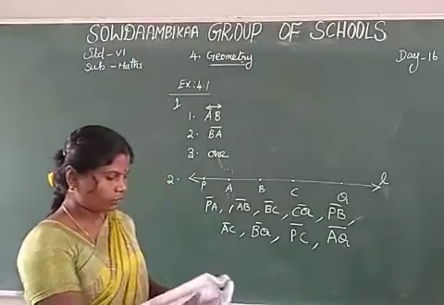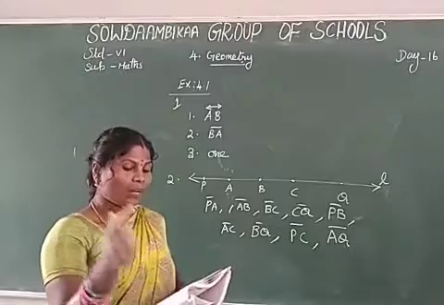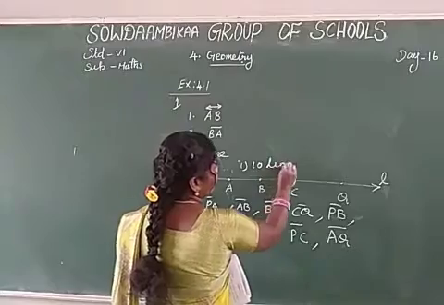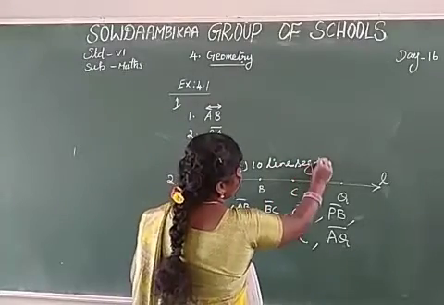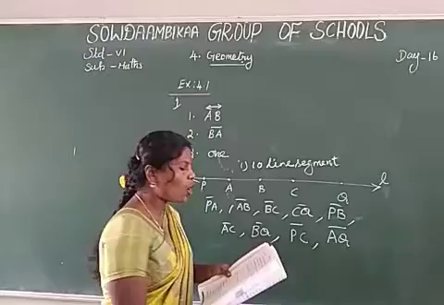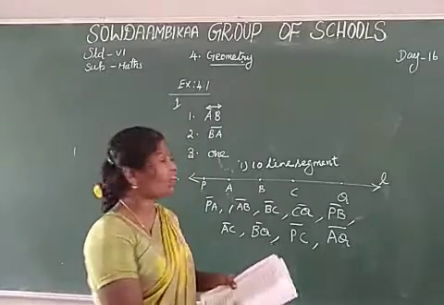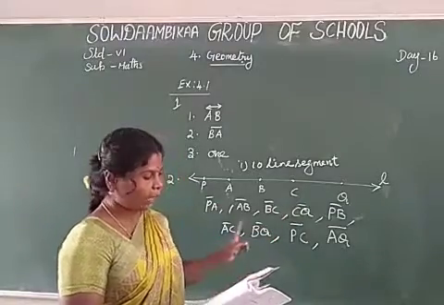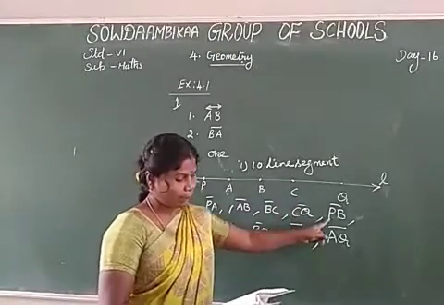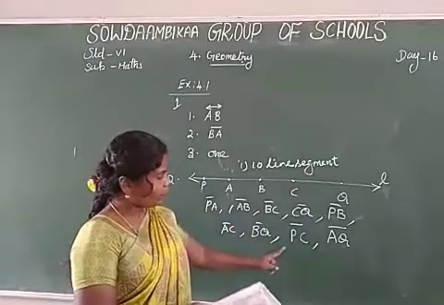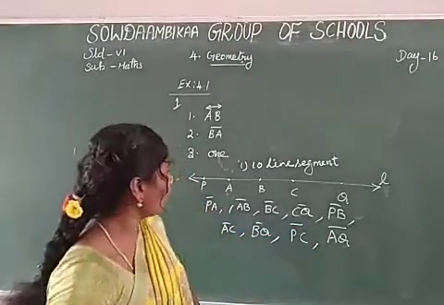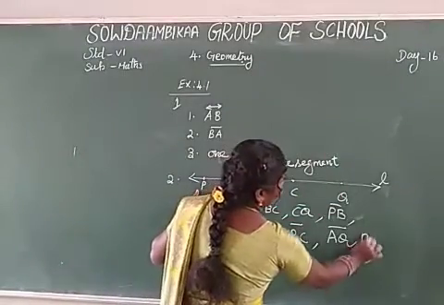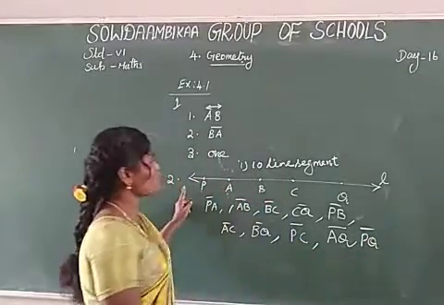The last line segment, PQ. So the first answer is 10 line segments. The question asks two things: how many line segments are there in the given line, and name them. Okay, this is the second answer.